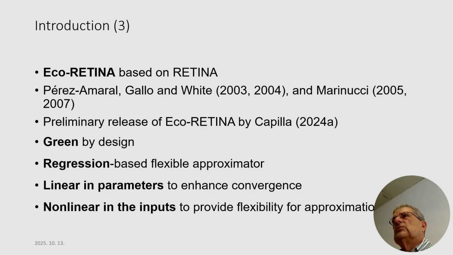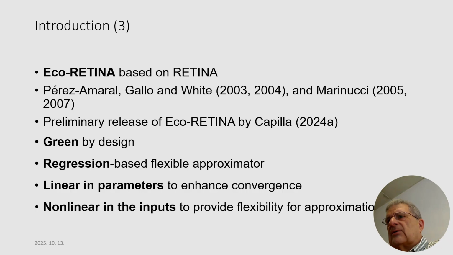Our response to that worry is ECORETINA, which is based on a previous version of Retina by myself and Albert White, and also by Marinucci. Here, what we are going to present is a preliminary release of the new version, which is called EcoRetina, essentially by Capilla 2024.